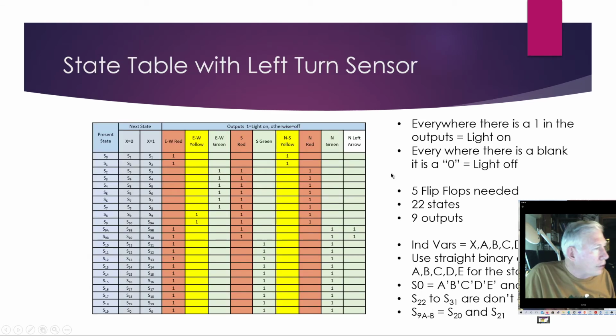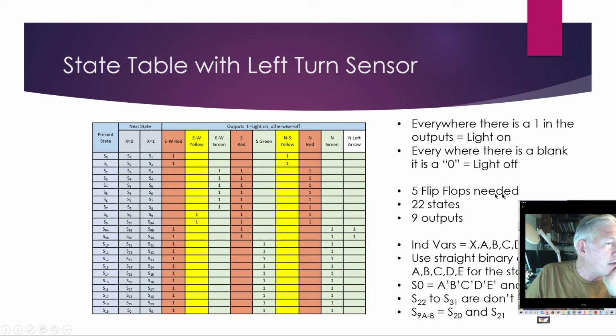So here's our truth table, or I should say our state table. We have 19 states plus 9A and 9B, so 21 and 22 states. Yeah, 22 states, 9 outputs.